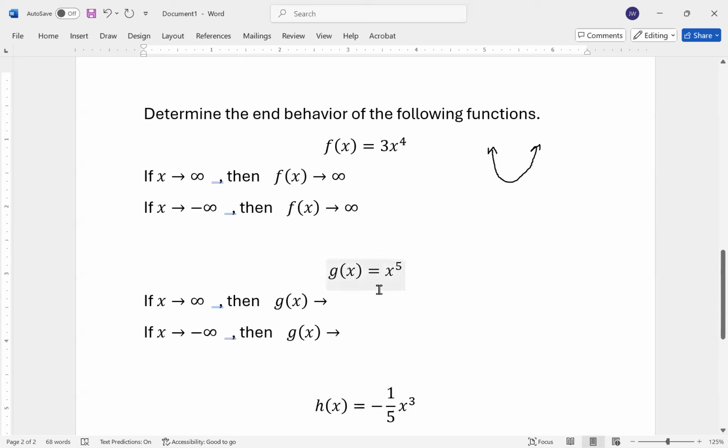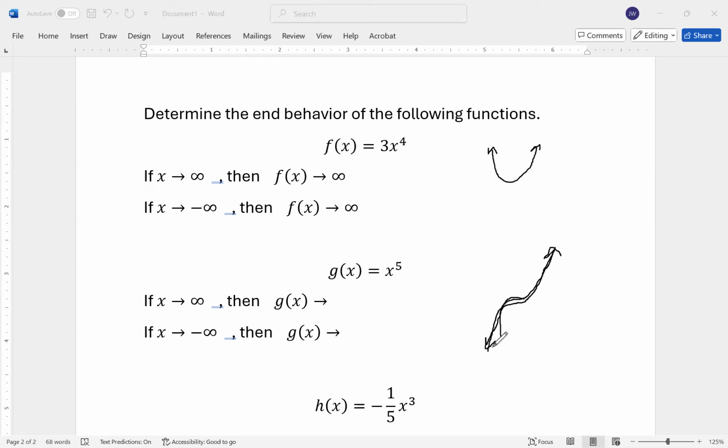For g of x is equal to x to the fifth, that exponent is a positive odd integer. We have a coefficient of 1. And so in general, I know it's going to look something like this. I didn't draw this very well.